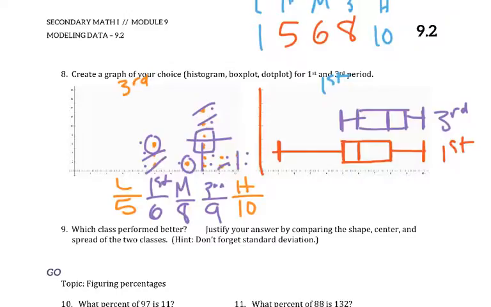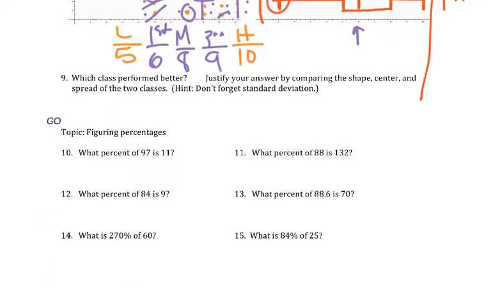Their median is higher at 8 as opposed to 6, which means half of their data is 8 and above. It's not as spread out. There's no outliers. It feels like there probably should be an outlier here, doesn't it? So that's kind of the stuff you would talk about, and when you're looking at data, you definitely want to compare to help with that. Alright, so that's looking at number 9.